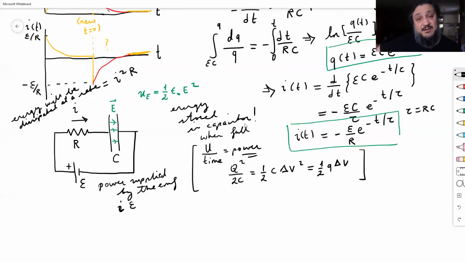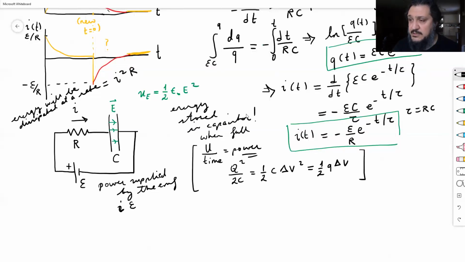So you save it somewhere. That's like the capacitor. But of course, the sum of your expenditure and your savings, if you add them up, is what you originally got from your bank. So there's an energy conservation here, and you can see it like this too.